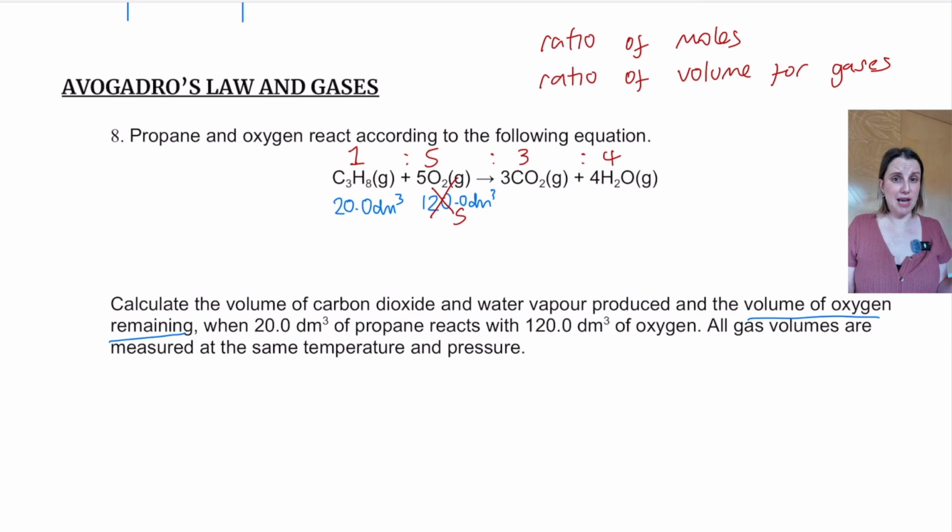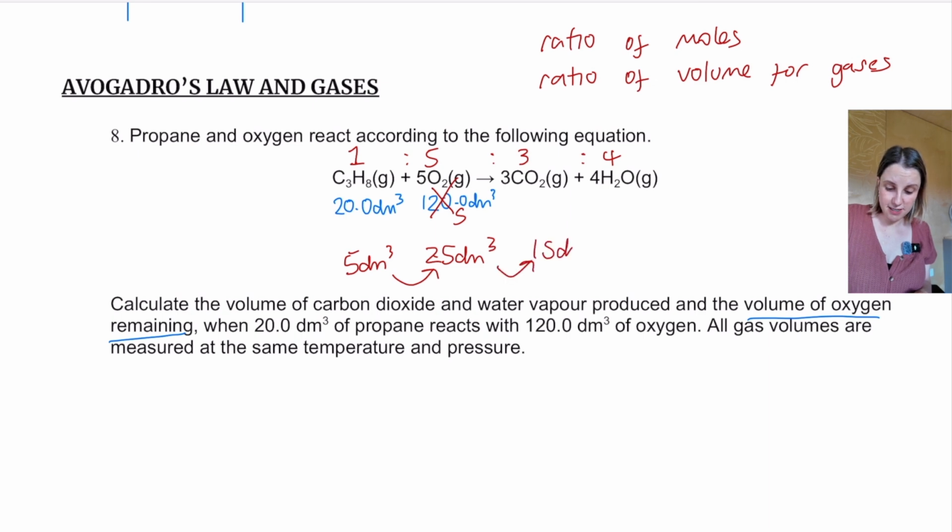What's cool about this is that if I say I've got 5 dm cubed of propane, the ratios of the volumes work in exactly the same way because of Avogadro's law. So we're just going to times this by 5 and it becomes 25 dm cubed, this would become 15 dm cubed, and this would become 20 dm cubed in this imaginary scenario.